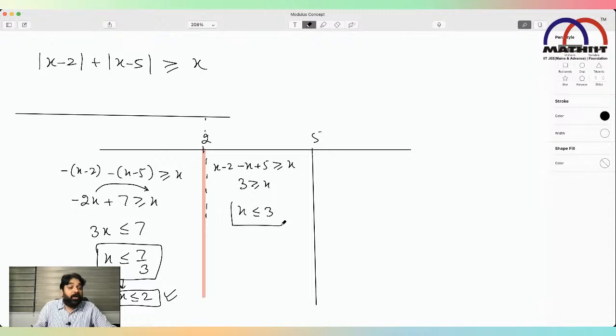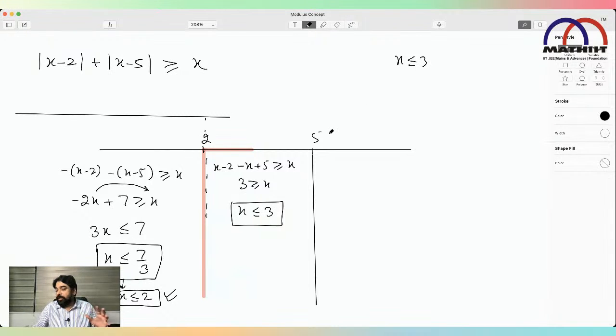Can I accept? Not fully. Please carefully understand. 3 will be somewhere here. But the problem is I cannot go beyond this. 2 I cannot cross, because my boundary is that I have to be between 2 and 5. Suppose somebody says x less than or equal to 3.